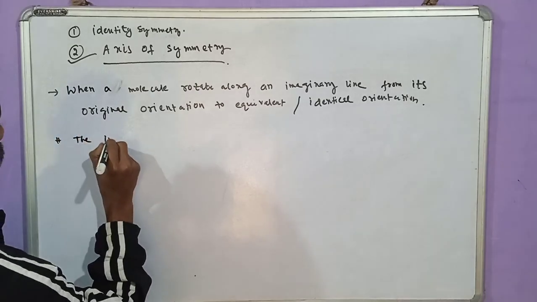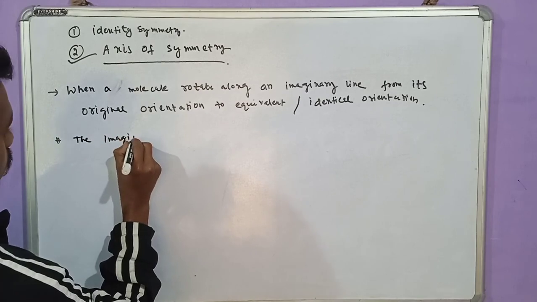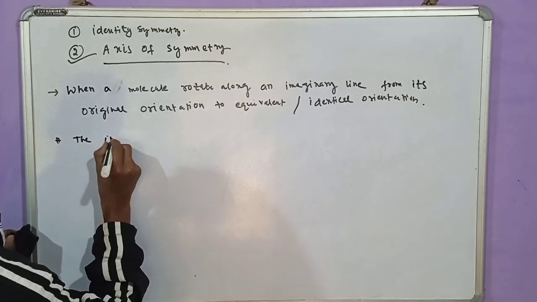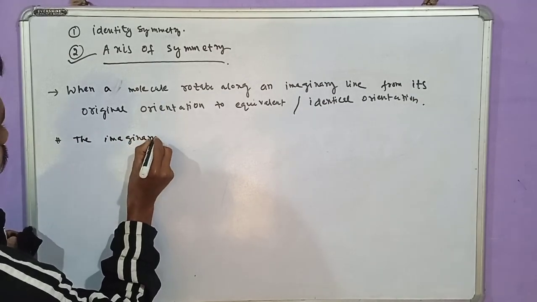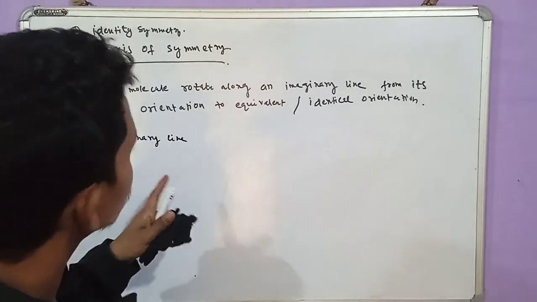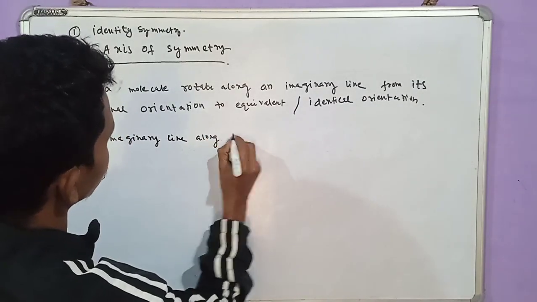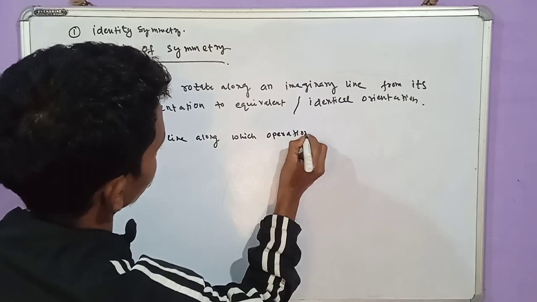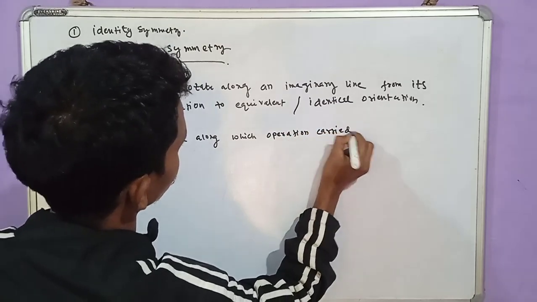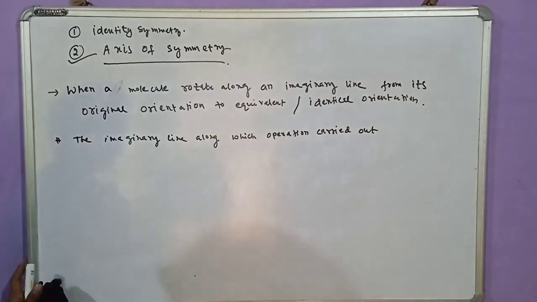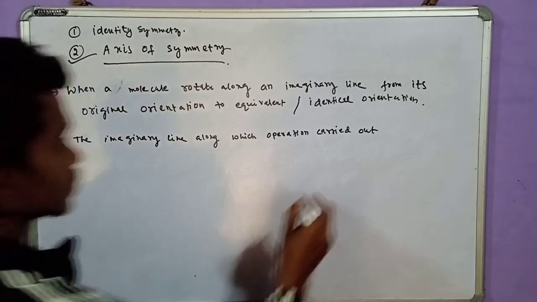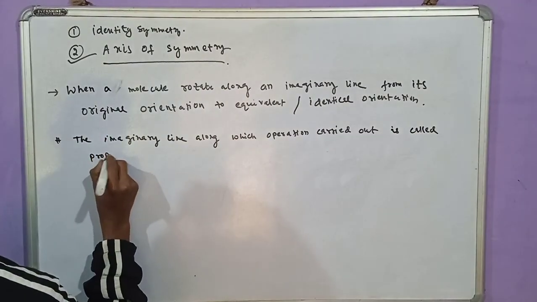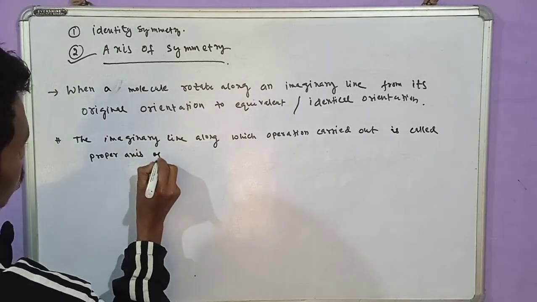The imaginary line with respect to which operations are carried out is called the proper axis of symmetry.